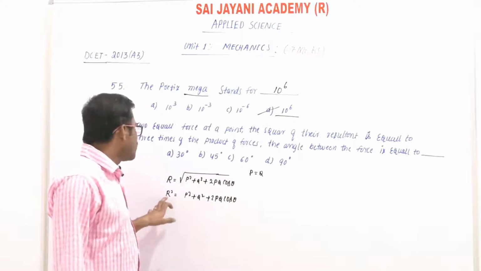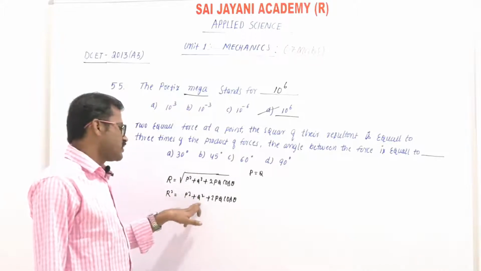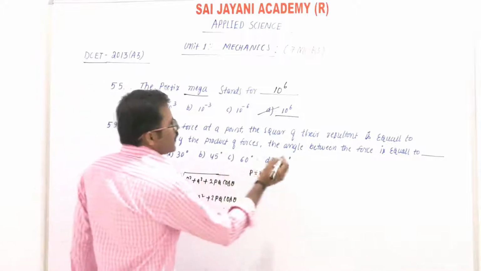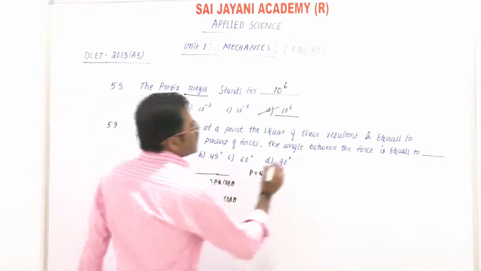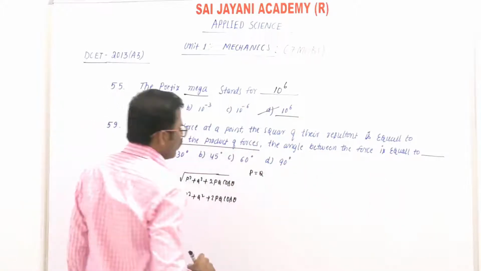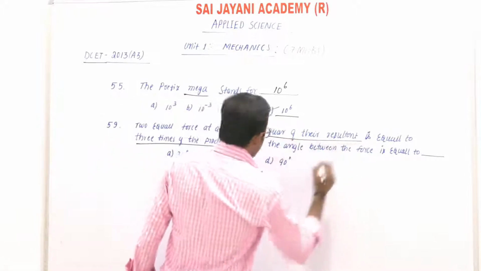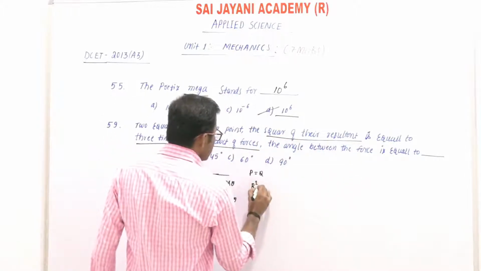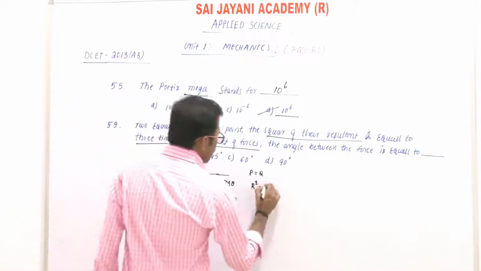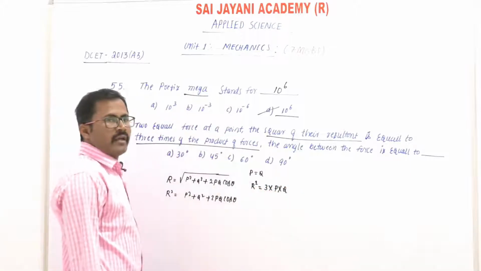Then the formula becomes R square is equal to P square plus Q square plus 2PQ cos theta. He has given that the square of the resultant is equal to 3 times the product of the forces, 3 times the product of two forces P, Q.